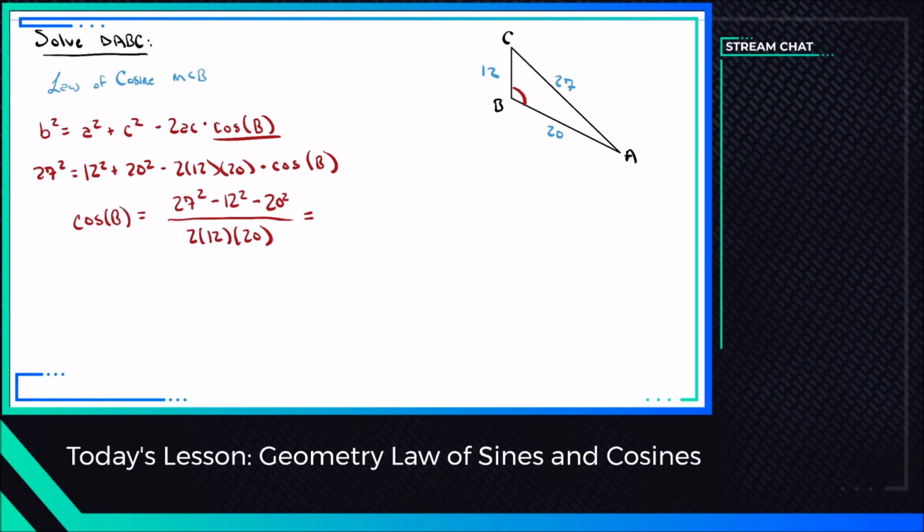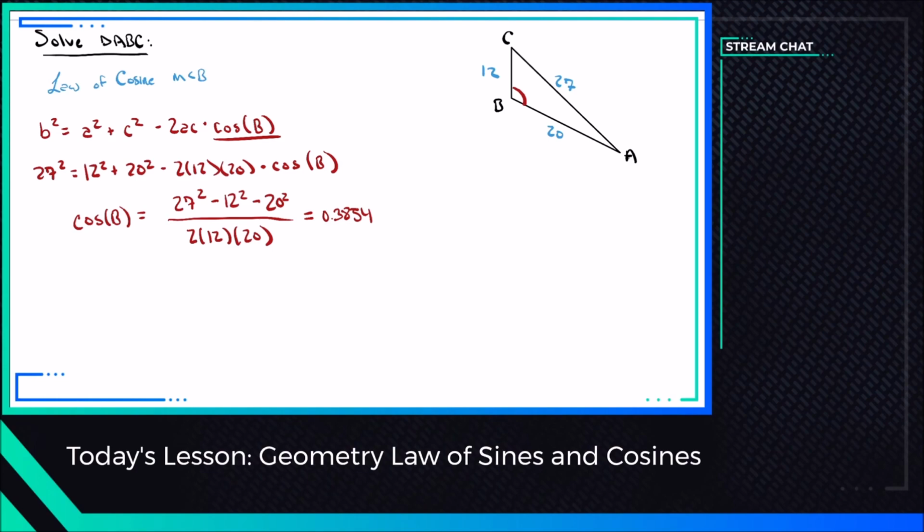So 27 squared minus 12 squared minus 20 squared, all divided by 2 times 12 times 20. And so the cosine of B is approximately equal to 0.3854.